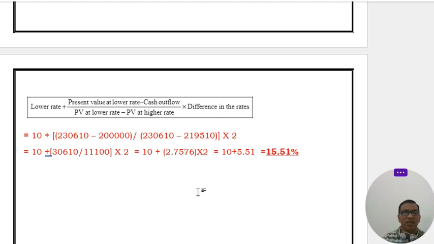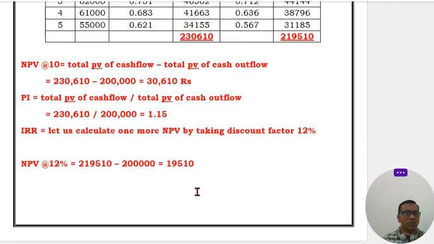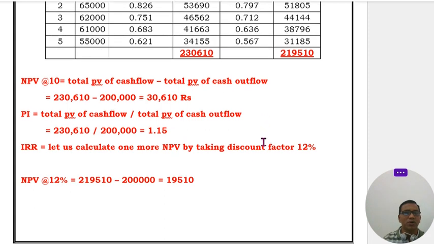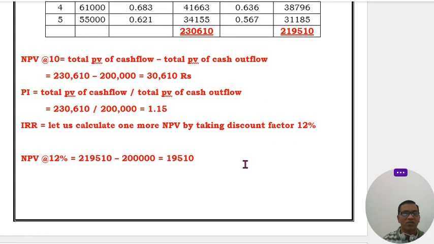In order to calculate IRR, you have to apply the interpolation formula. If you want to apply the interpolation formula, we need two NPVs at two different rates of return, two different discounting factors. In this problem, we already calculated NPV at the rate of 10%. So I calculated one more NPV at 12%. Why did you take 12%?